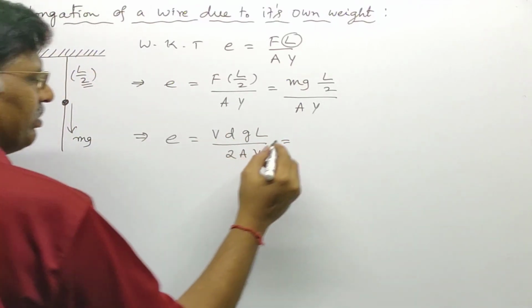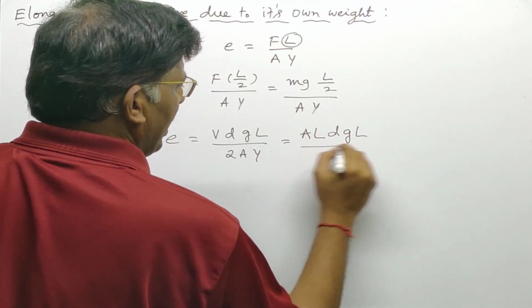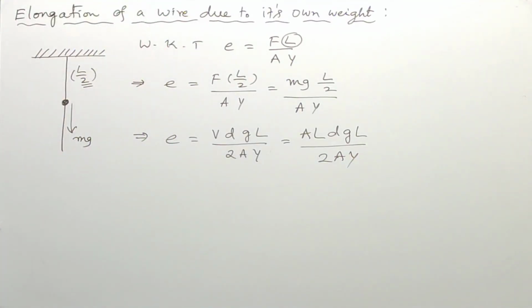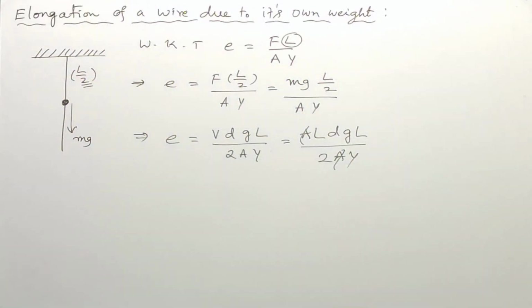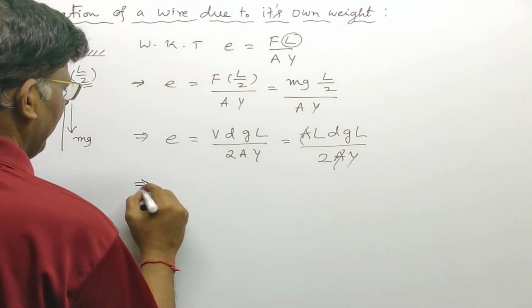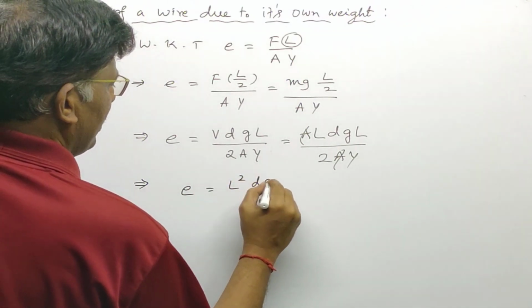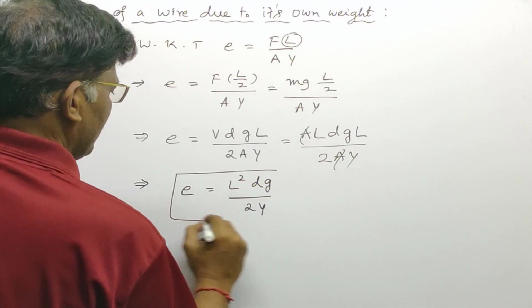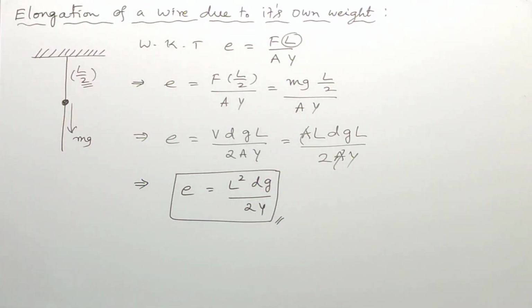Further, volume can be written as area into length, so it is A L d g L divided by 2AY. Here A cancels, which implies that elongation E is equal to L square d g divided by 2Y. This is the elongation of a wire due to its own weight.